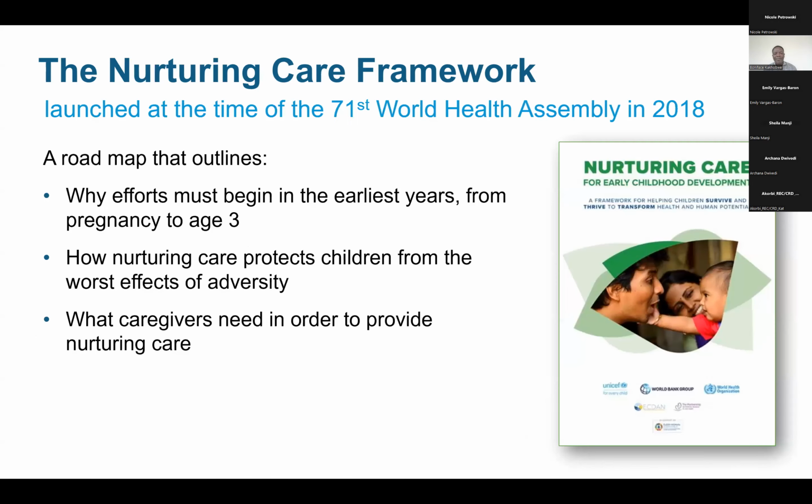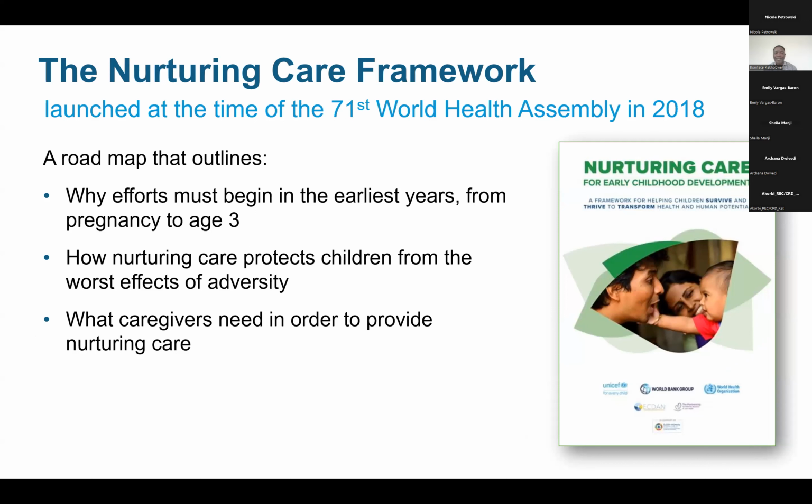The nurturing care framework, as some of you are also aware, was launched at the 71st World Health Assembly in 2018. So the journey started in 2018, and there's a lot that has happened. But the framework itself is a roadmap that outlines 3 things. 1, why efforts must begin in the earliest years, from pregnancy to age 3.